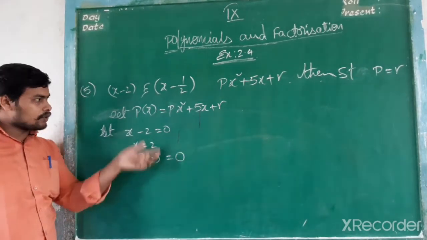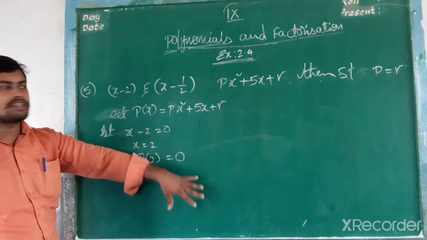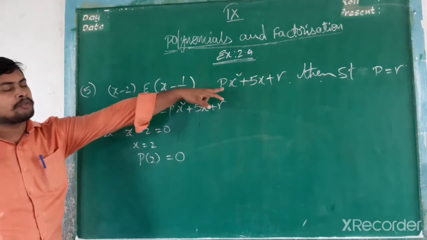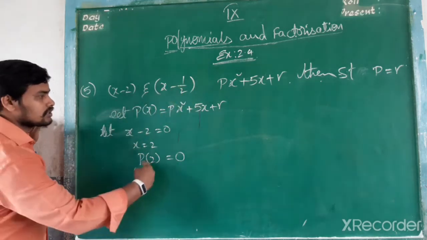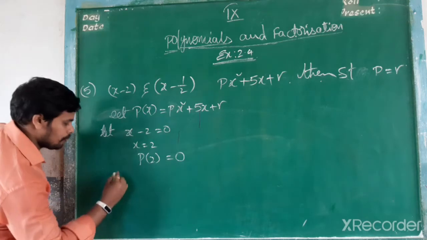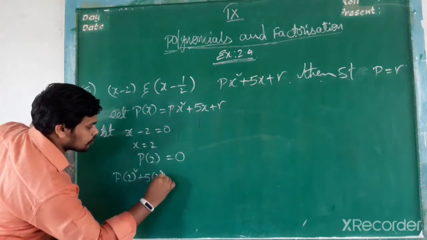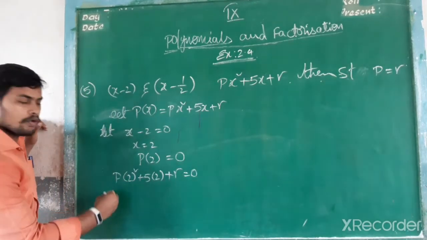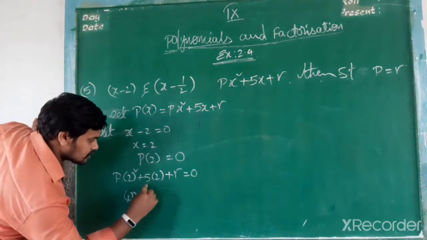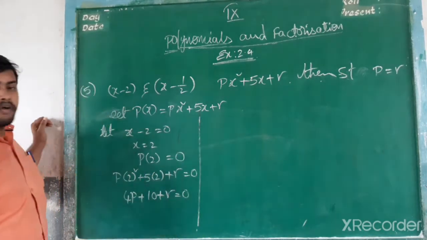Whenever we substitute 2 in this polynomial, the result must be equal to 0 because already he told that x minus 2 is the factor of this polynomial. So substitute p of 2: p into 2 square plus 5 into 2 plus r equal to 0. 2 square value is 4, so 4p plus 10 plus r. The result is 0. Next.